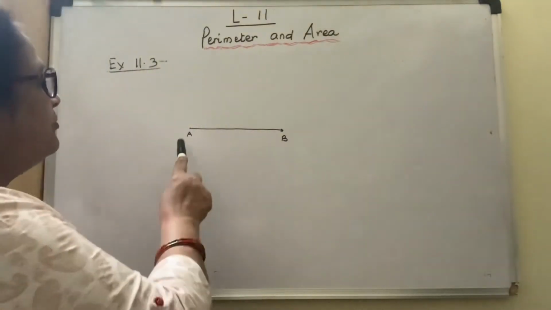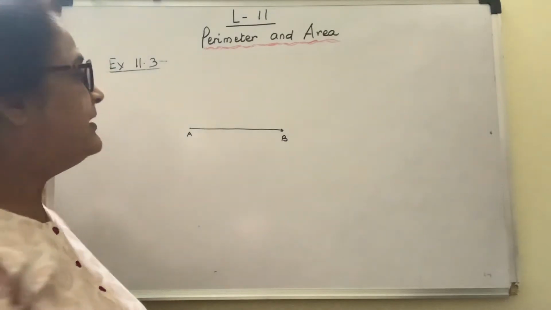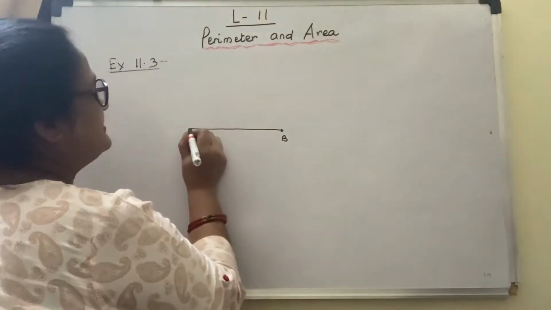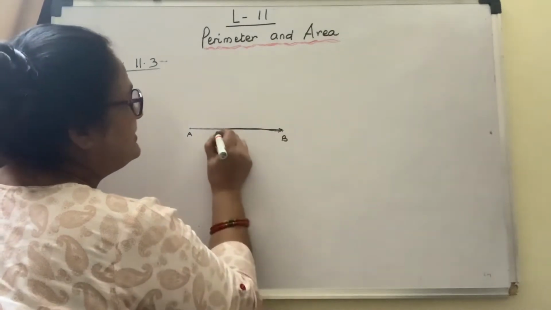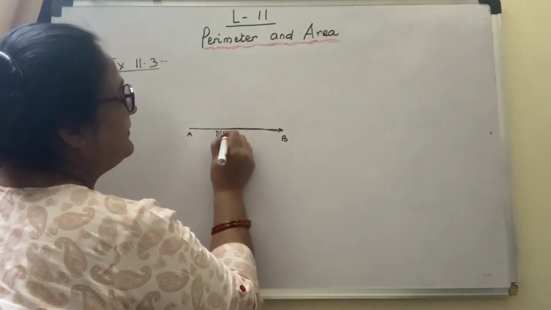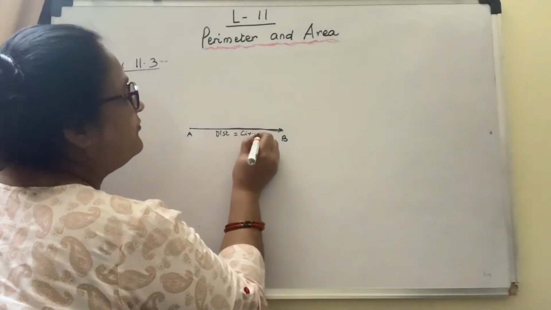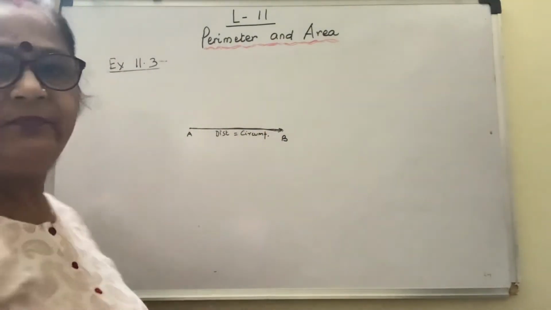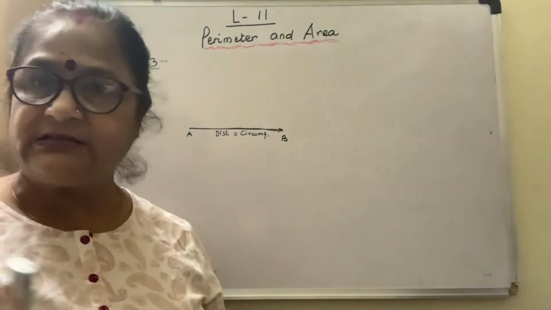When the wheel moved once, only once, it covered this distance. So this distance is equal to the circumference of the wheel. From here to here, the wheel traveled on its circumference.